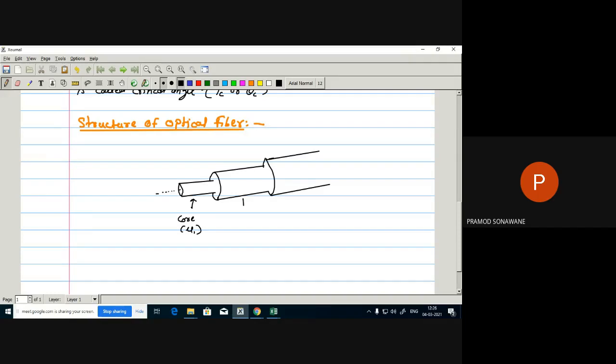The second layer on it is called the cladding, whose refractive index is mu2. And this is the insulation, whose refractive index is mu3.